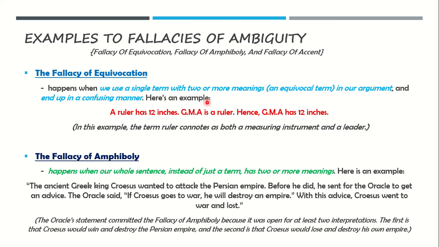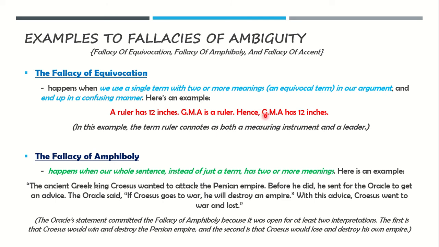So bali class, you're using words that have two or more meanings, then you try to associate that certain word into a certain statement nga dili pod connected or nga dili gud sila connected. Kay same ani, ang ruler diri gigamit as measuring instrument. Tapos diri ang statement, ang ruler gigamit as some sort like a leader.